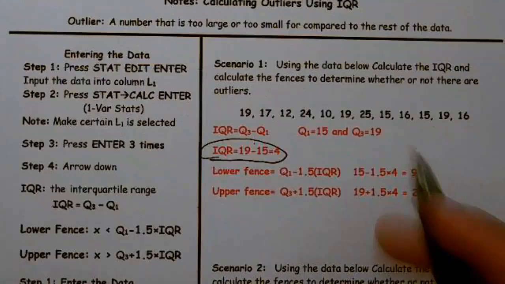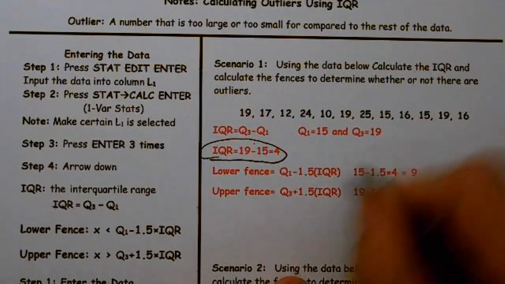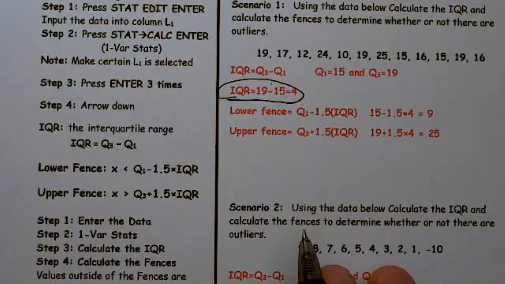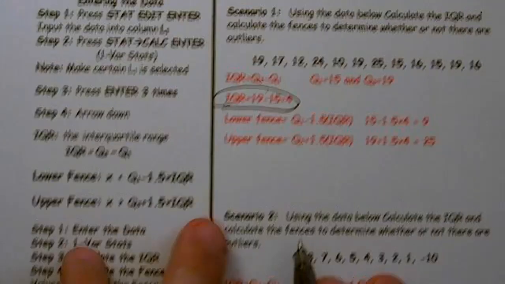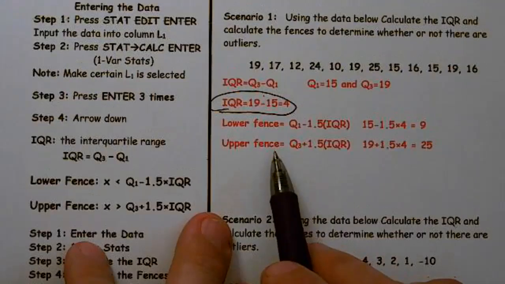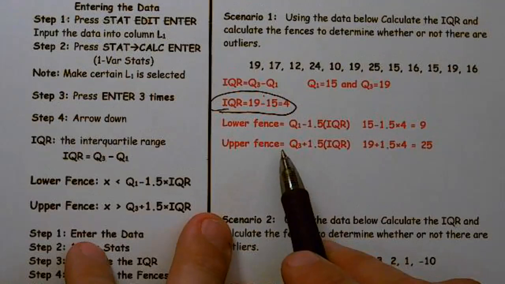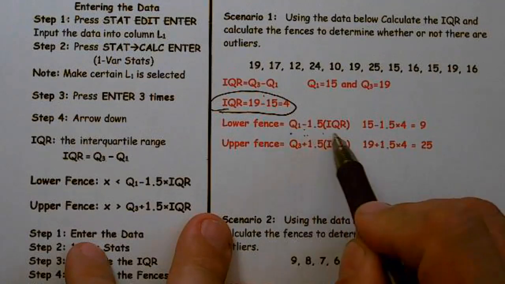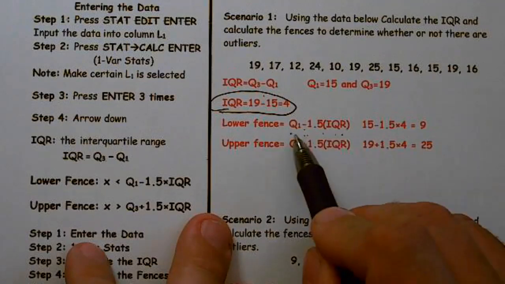To be an outlier, we have to calculate our fences. We have to calculate a lower fence and an upper fence. The formula for that is Q1 minus 1.5 times IQR. Well, that's easy enough.